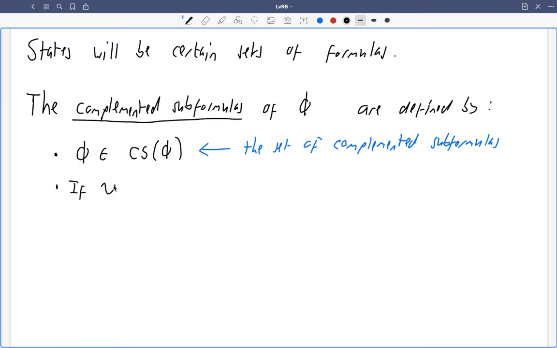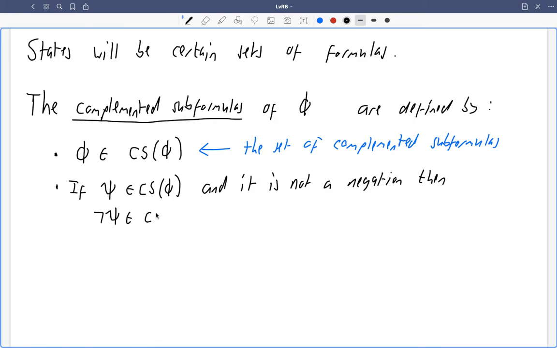So if some formula psi, if we've already got that it's a complemented subformula of phi, and it is not a negation, then we put not psi also in the complemented subformulas. So this is how we complement the formulas that appear in the complemented subformulas of phi, by adding their negations.